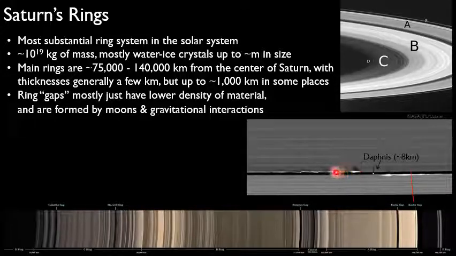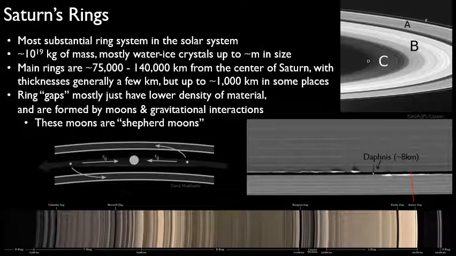So these are waves in the matter of the disk caused by the gravitational interaction of the moon with ice crystals in the disk. And to be clear, these shepherd moons, they're not plowing material out of the way. It's a gravitational interaction. So they're causing anything that would be in the way to get moved out of the way because of gravity. So it's not like a snowplow or something like that.